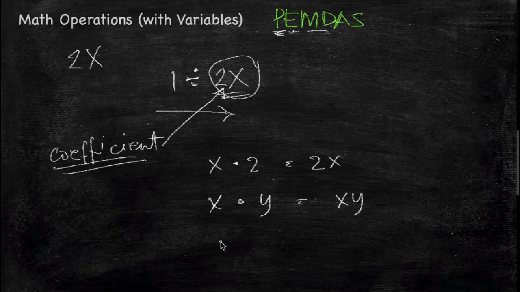So let's say meron akong x and y gagawin kong squared. Pwede ba 'yon? Pwede. So xy gagawin mong squared, and that equals actually, dahil multiplication yan dyan, hindi addition, you can actually use x squared times y squared. Ganon?